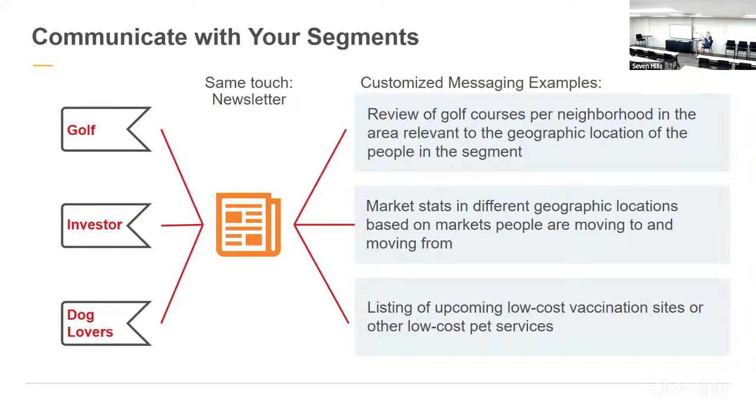You can customize that newsletter around supporting businesses that might support those sports enthusiasts, but also tying in maybe you have a listing that's close to, in this example, a golf course. You can tie that in there. So it's sending out value to a segment in your database.